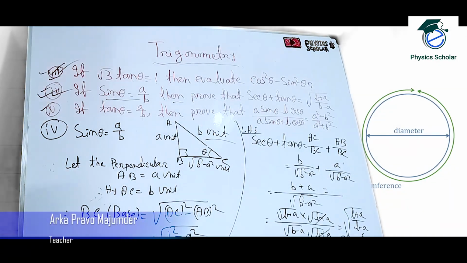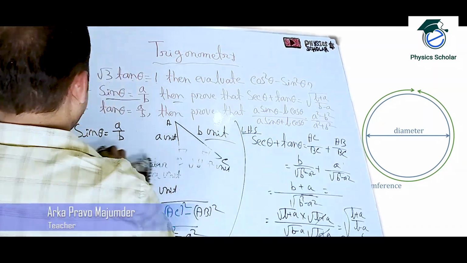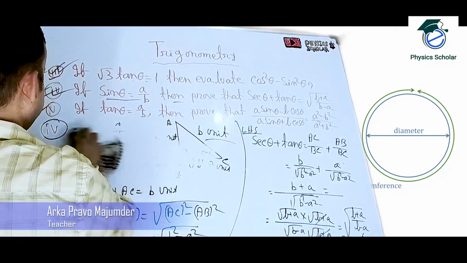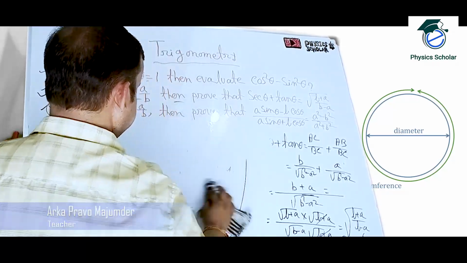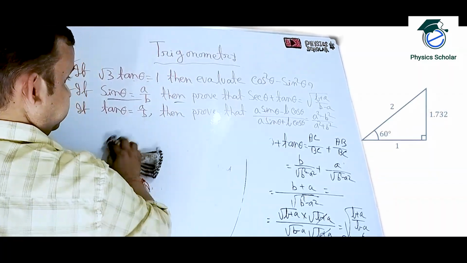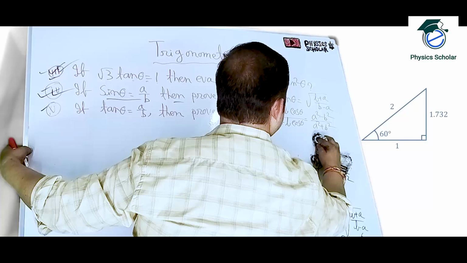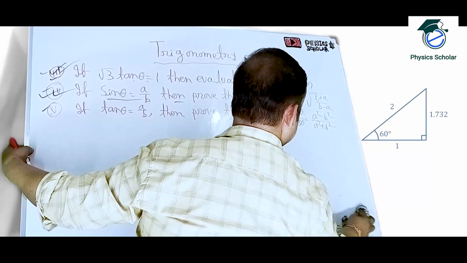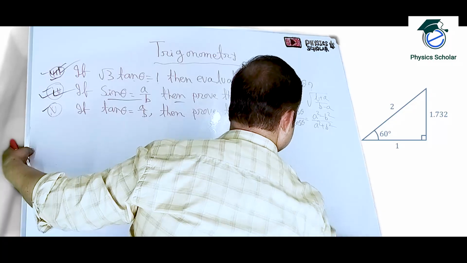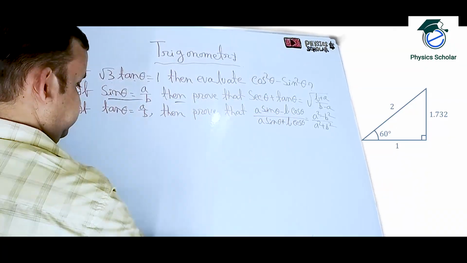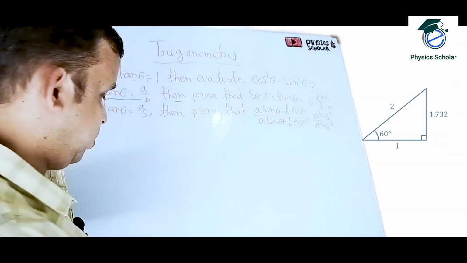Now the next one. The next sum is also very easy. Two ways we can solve.